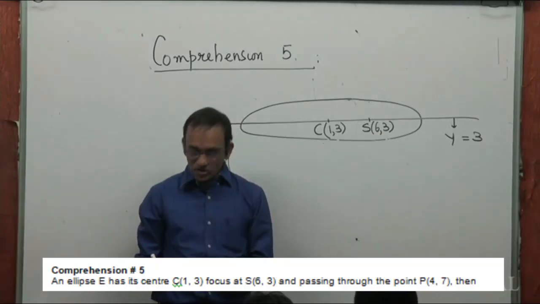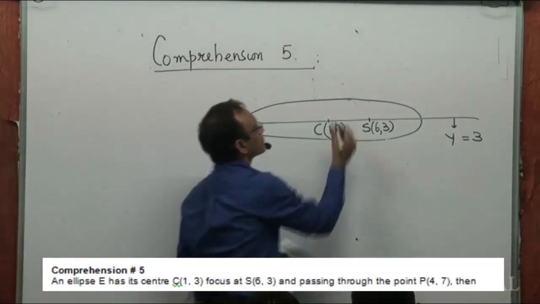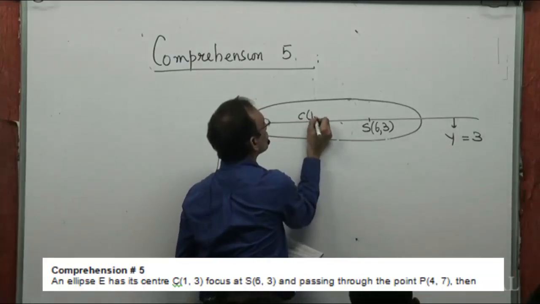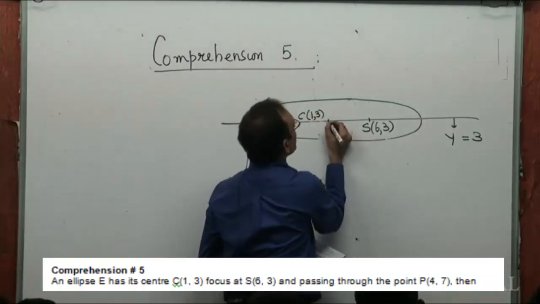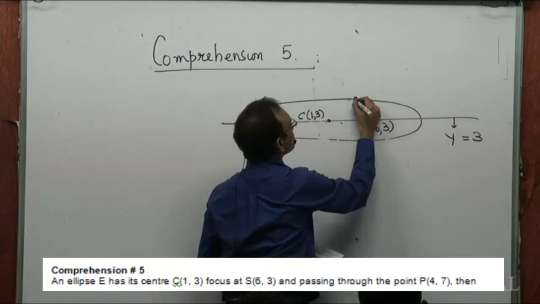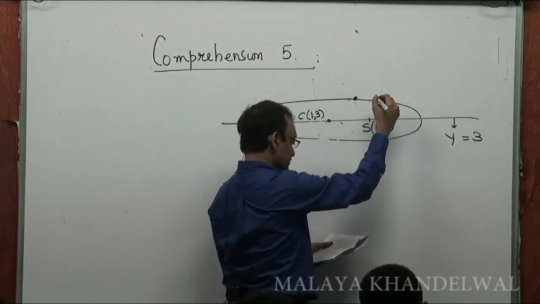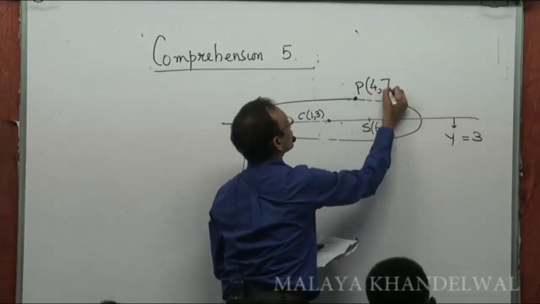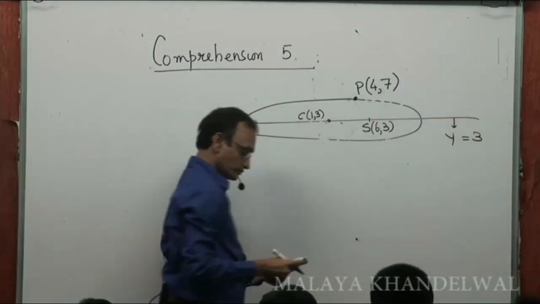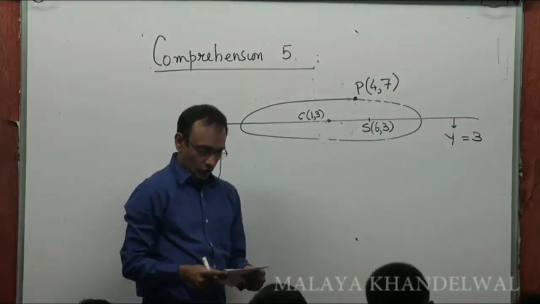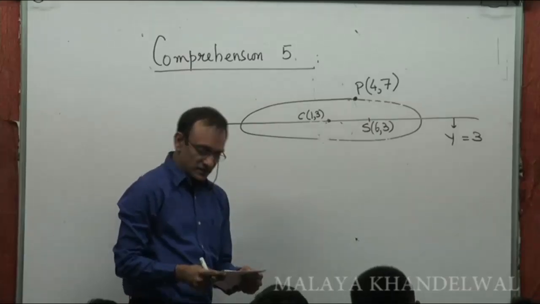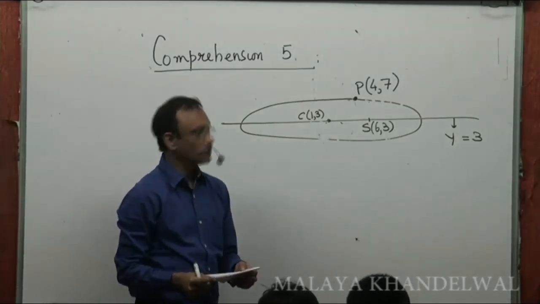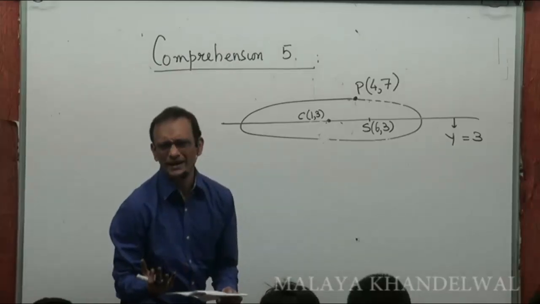And the ellipse passes through a point P (4, 7). The product of the lengths of the perpendicular segments from the two foci onto the tangent at P will be the square of the semi-minor axis.